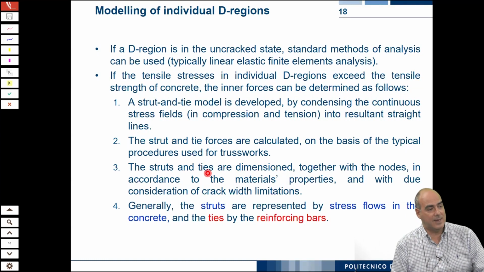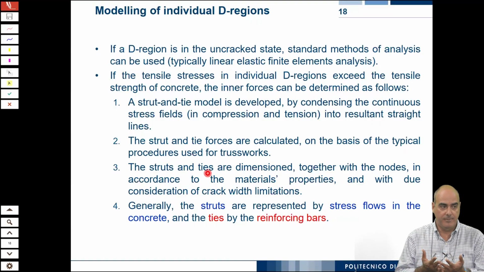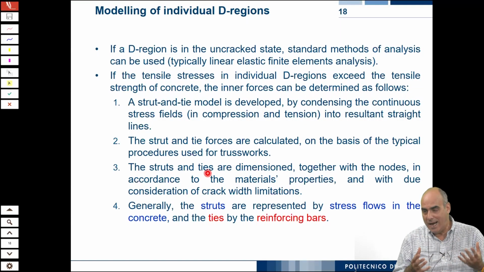Why do we call it strut and tie? Well, because as you have seen from the examples that I have shown, when a load is applied on a structure, that load generates a stress state. And you can always analyze that stress state in terms of principal stresses, which generally are tensile and compressive.